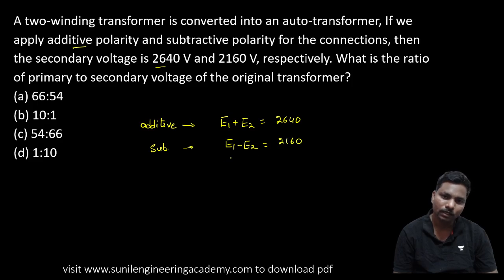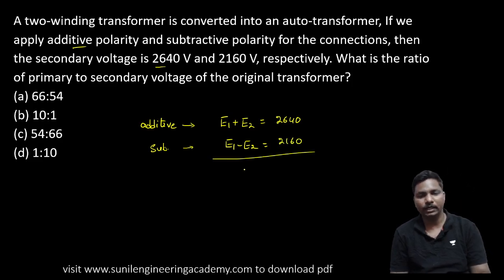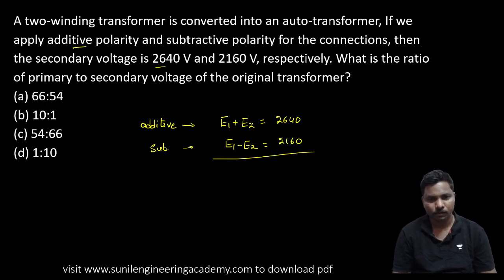From this, we can easily find out the E1 and E2 values now. These two are cancelled out. 2E1 is equal to 4800. So E1 is equal to 2400.